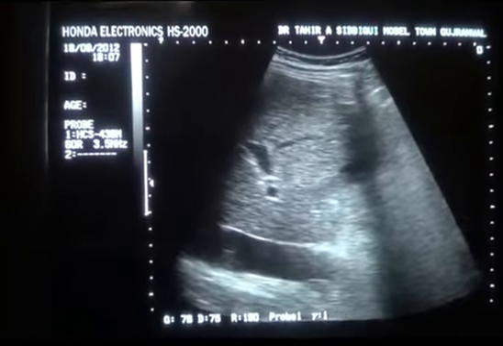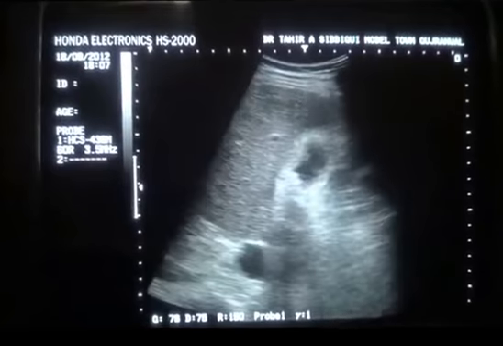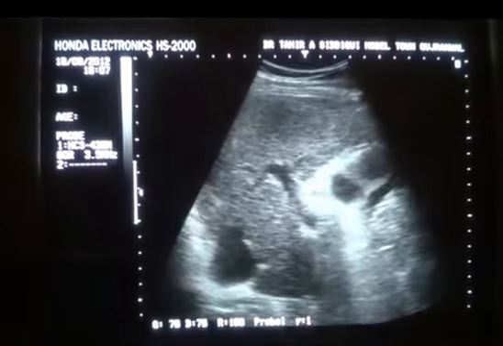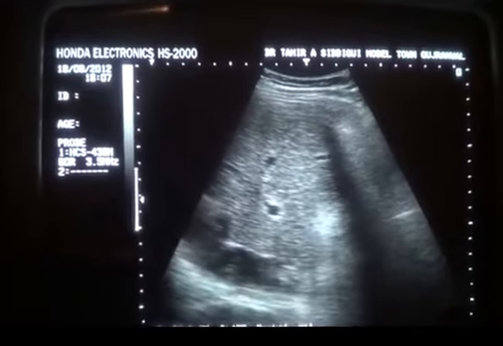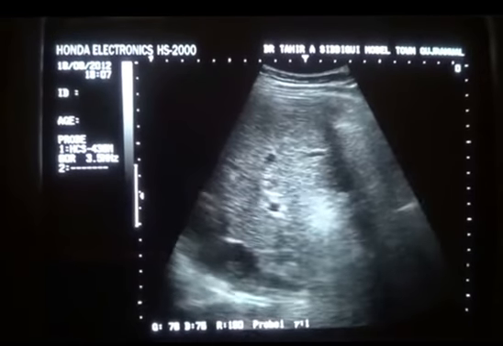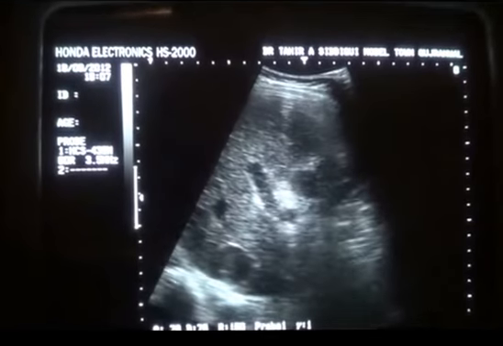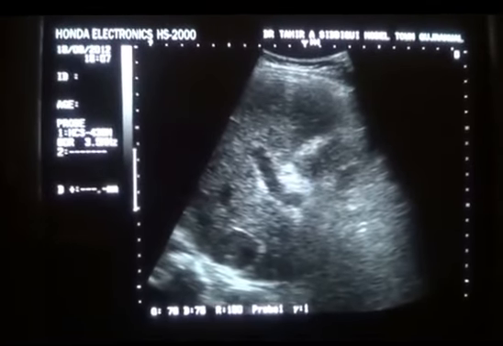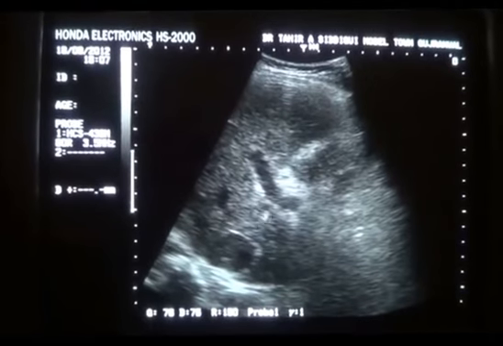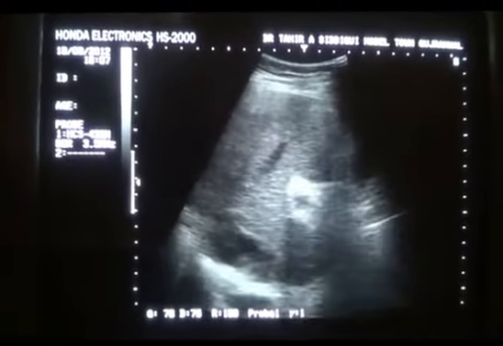Now in longitudinal section, when I rotate it, let me show you from where I was showing you first. Here I was. You can still see an echogenic area within the IVC. This is the portal vein.